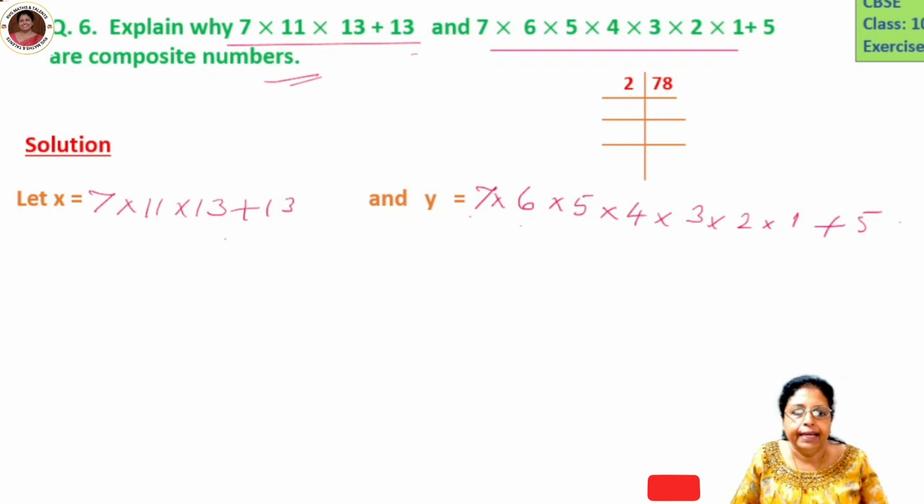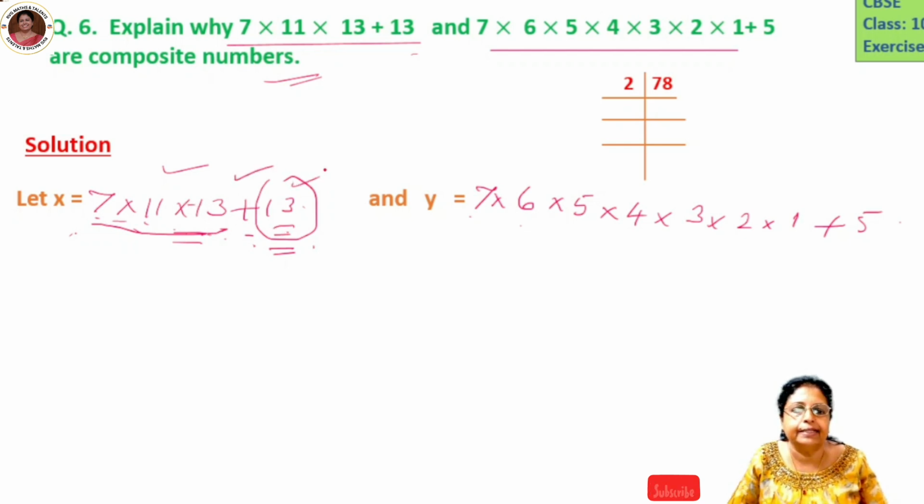Then let us consider this x. What is it? 7 times 11 times 13 is one term, plus another term, 13. Here there are two terms, and 13 is common in both terms.